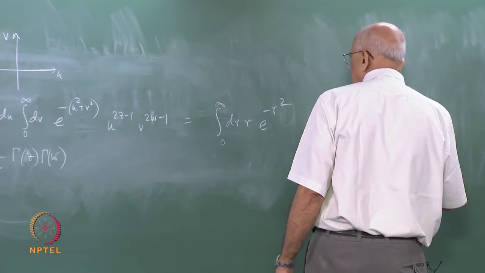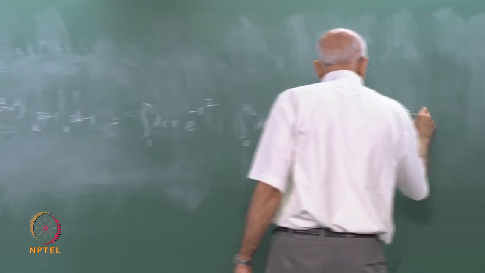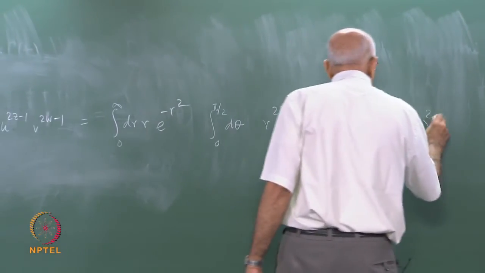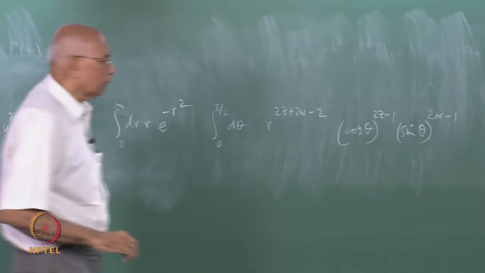And then cos theta to the 2z minus 1, sin theta to the 2w minus 1, in this fashion.